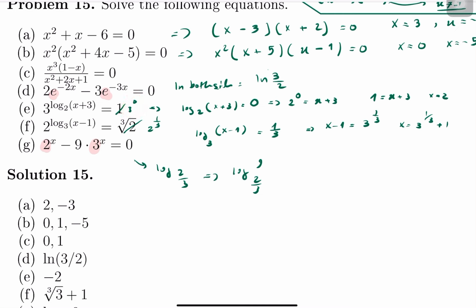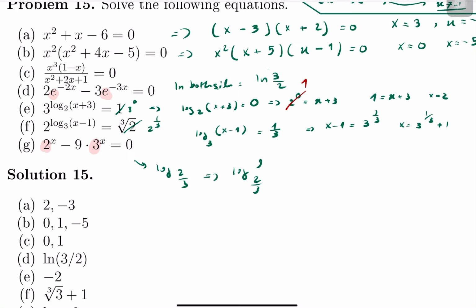I put 3 to the power 0 instead of 1. Then the base is the same, so the powers must be the same. Then I write log 2 (x+3) equals 0, then 2 to the power 0 will be x plus 3, and 2 to the power 0 is always 1, then x will be 2.